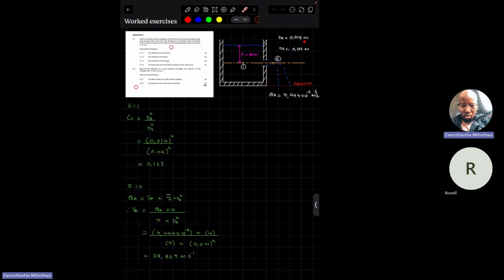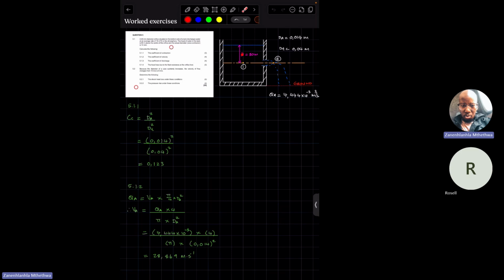Right, and then we are also given this constant pressure head, which is 80 meters. They did say that the head of water in the tank is 80 meters above the center line. So from the center line to the water surface is your constant pressure head, which is 80 meters. That's the one I've labeled as H here.